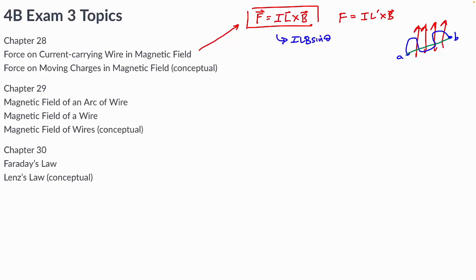You'd solve for B. Now that's kind of a nightmare if you've got this big cross product, but if you can do ILB sine theta, where you know the angle between those two things, then solving for B is much easier. So there are lots of different ways to probe your understanding of this cross product relationship, the force on a wire.